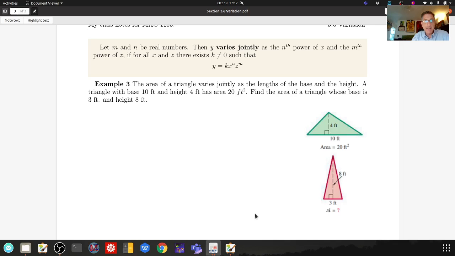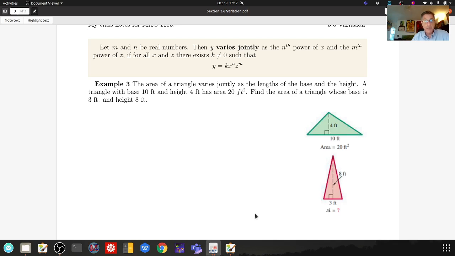Let m and n be real numbers. Then y varies jointly as the nth power of x and the mth power of z if for all x and z there exists a k not equal to 0 such that y is equal to k times x to the n times z to the m. And nothing's really more difficult than anything we've ever done.